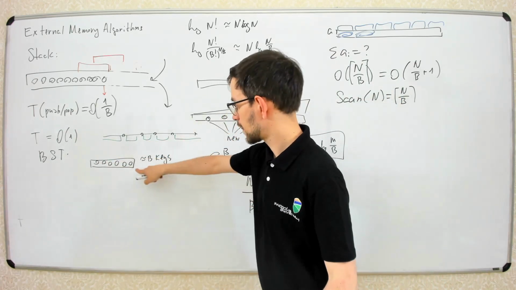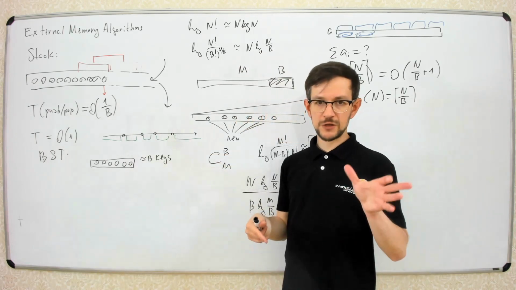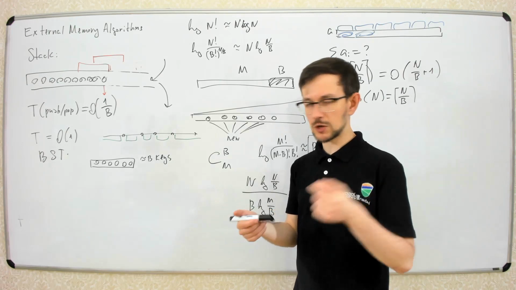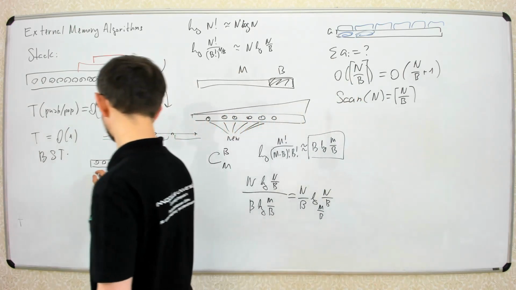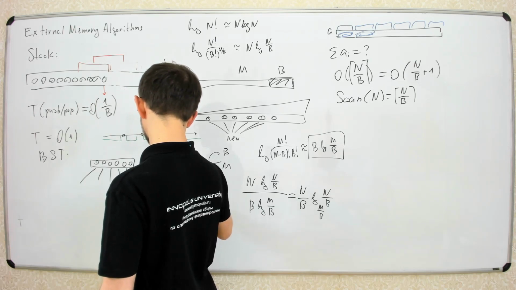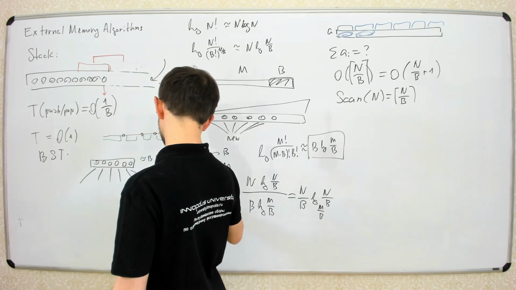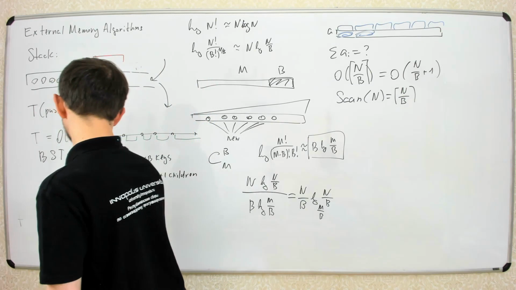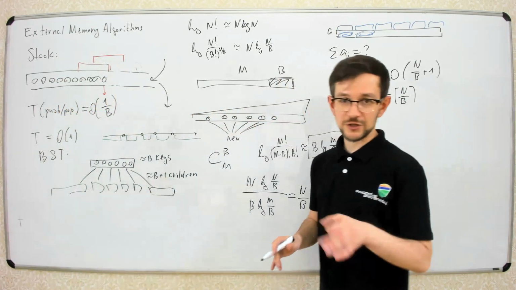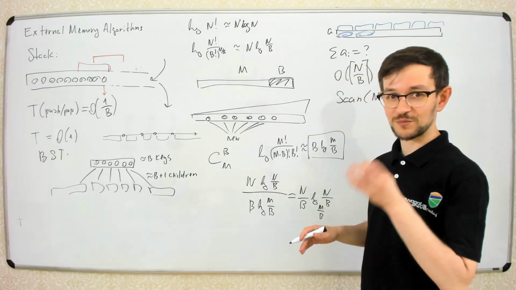So each node of the B tree will have not two children like a binary search tree, but about B+1 children, and so on. So it's not a binary search tree but it's still a search tree.